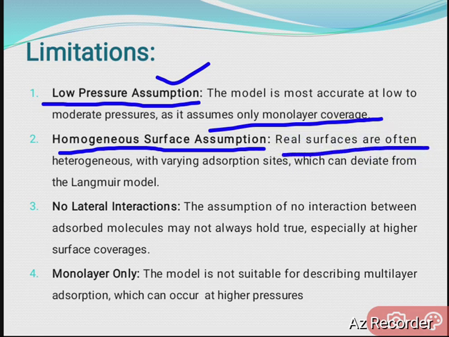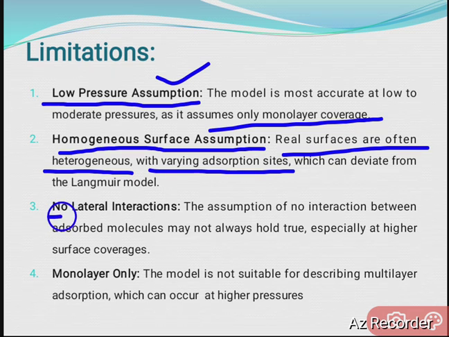Real surfaces are often heterogeneous with varying adsorption sites, which can deviate from the Langmuir model. Next, the third one is no lateral interactions. The assumption of no interaction between the adsorbed molecules may not always hold true, especially at high surface coverage, where there exist some kinds of interactions between the adsorbed molecules.